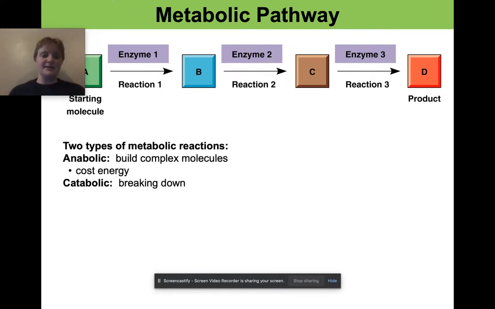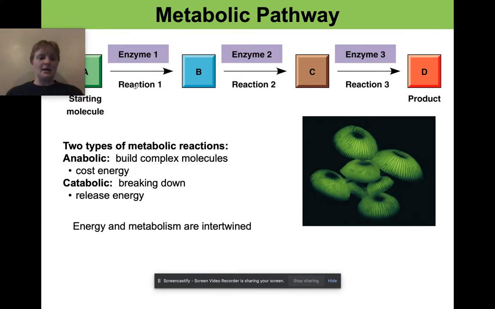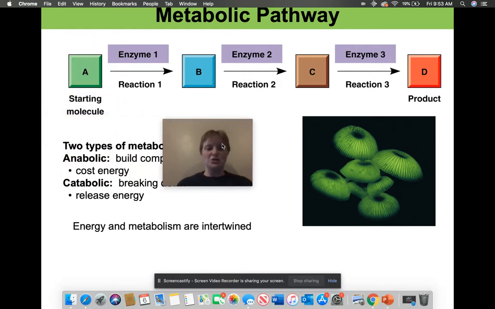So this is a typical metabolic pathway. A metabolic pathway shows the movement from the starting molecule to the product. Usually when it comes to chemical reactions in your cells, it's not just a simple one-step reaction. Usually in your cells, to go from the starting molecule to the product that you want, you've got multiple reactions to get there. And so this is called the metabolic pathway.